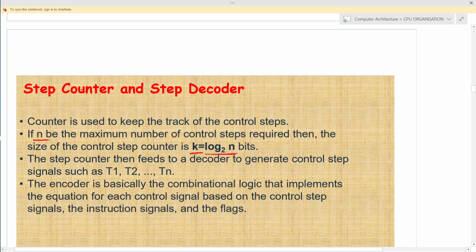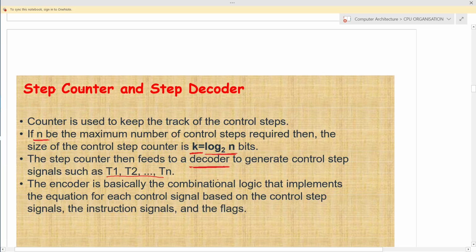And depending upon the value of n, we have to generate the timing signals, and these are generated with the help of a decoder known as the step decoder. This encoder and decoder are responsible for generating the timing signals. Then there is a run signal and an end signal.